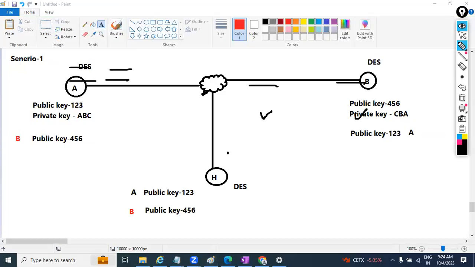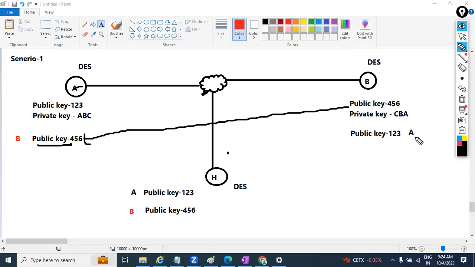So site A has the public key of B, and site B has the public key of A. And the hacker, sniffing the data, has the public key of both sites.